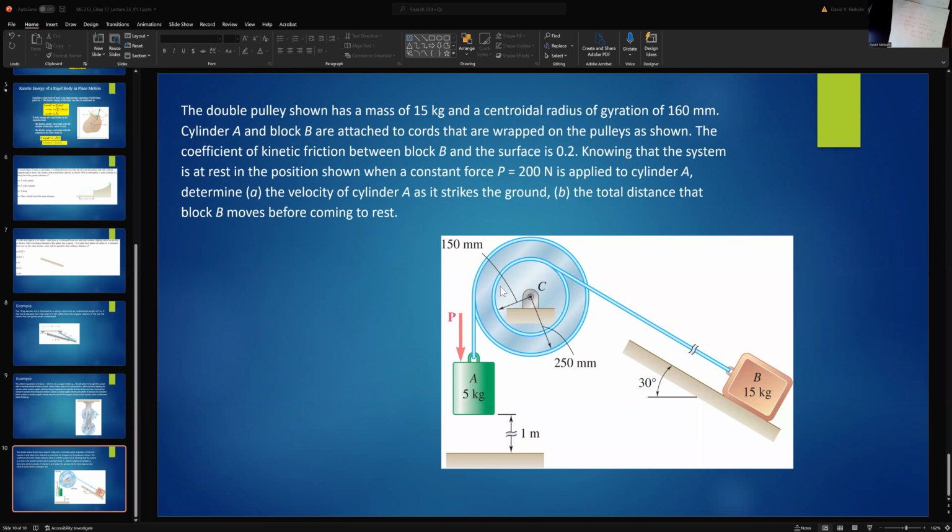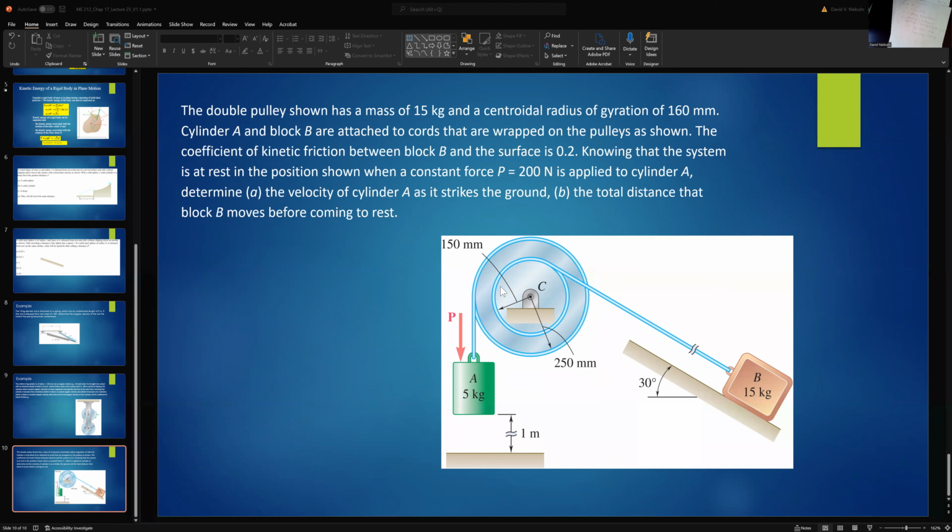There's going to be a certain velocity it strikes the ground at. But if you picture the inclined 15 kilogram object, that's not going to stop just because the 5 kilogram hits the ground. It has a certain inertia to it, sliding up the hill at a certain velocity. Then that 5 kilograms hits, and the 15 keeps going, doesn't it?